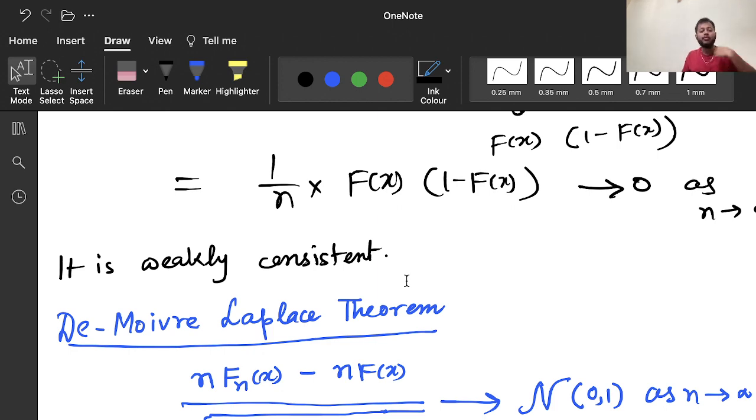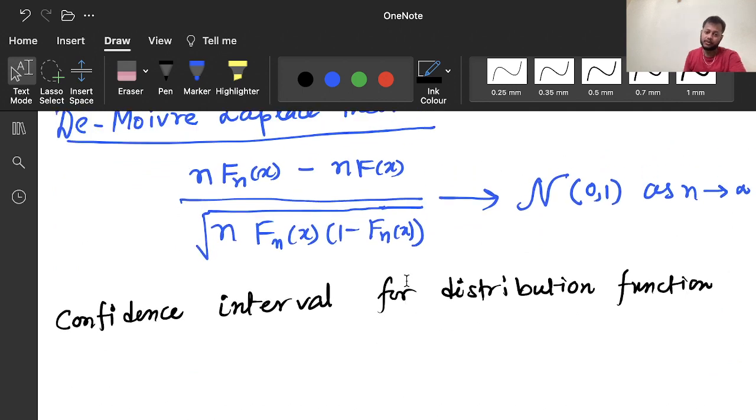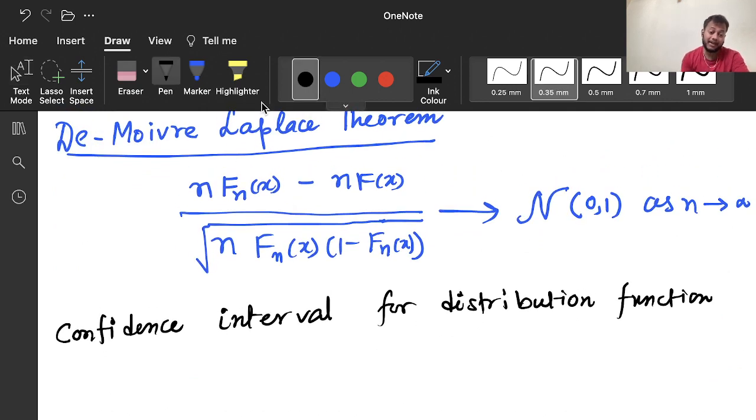Now we will use the property of this Fn(x) to write a distribution: if n is very large, then this follows a normal 0 1 distribution, and from here we can define the confidence interval for this Fn(x), that is, at what confidence level it can estimate or infer the actual distribution F(x). So let's see.